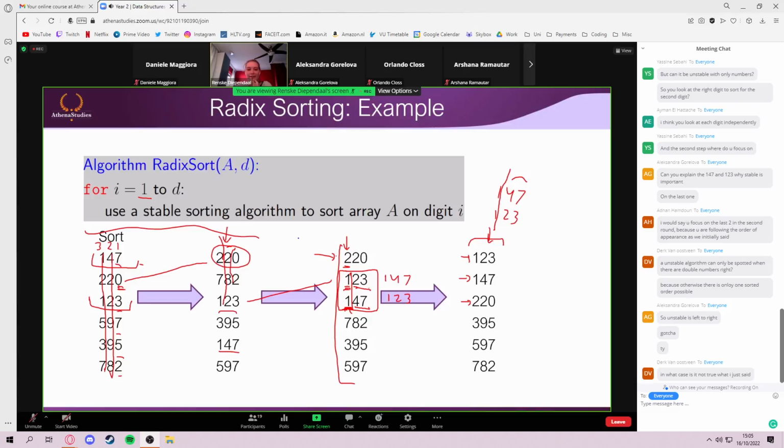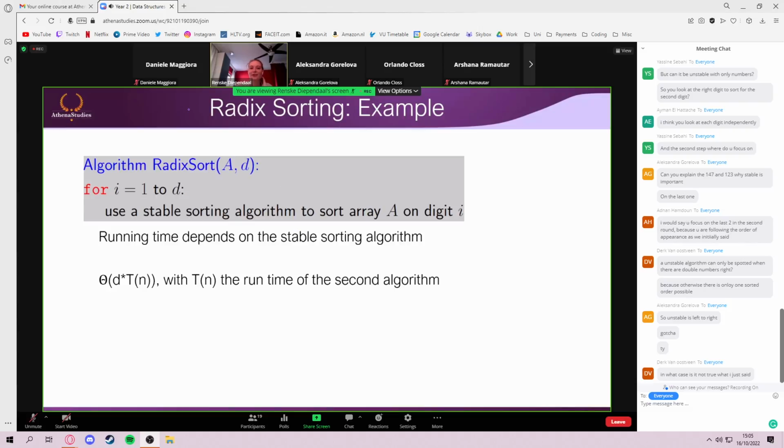Okay, so then we have the time complexity of this thing as well. So it sort of depends on the stable sorting algorithm that you use, right? But what we say is, well, for each digit, you would use a sorting algorithm. So basically, the running time or the time complexity is going to be the number of digits times the time complexity of the algorithm that you use.